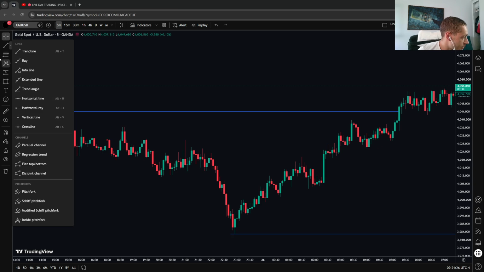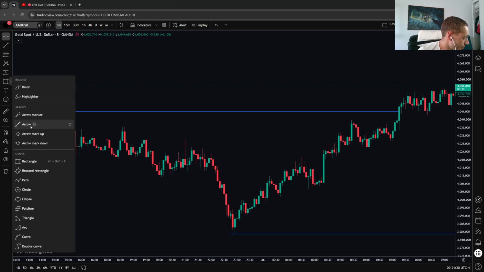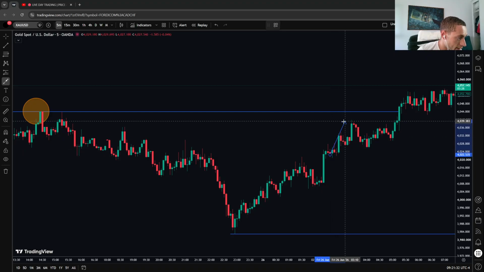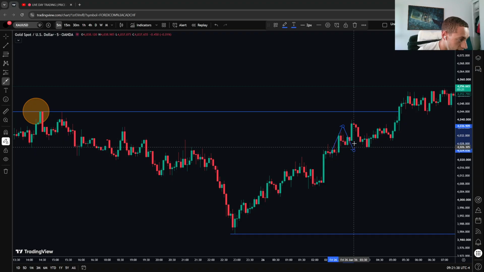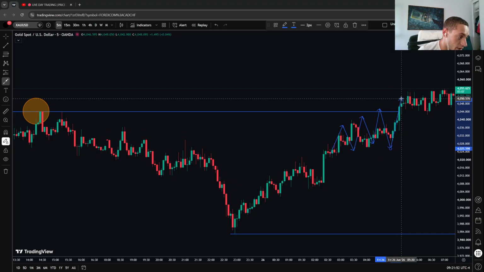Most of the times when we see a structure going up this way, creating a kind of stair of higher highs and higher lows, getting close to that level, at least a 3-step stair, we can anticipate we're gonna have a pullback, and after that pullback we can start hunting for trades above those levels, right?